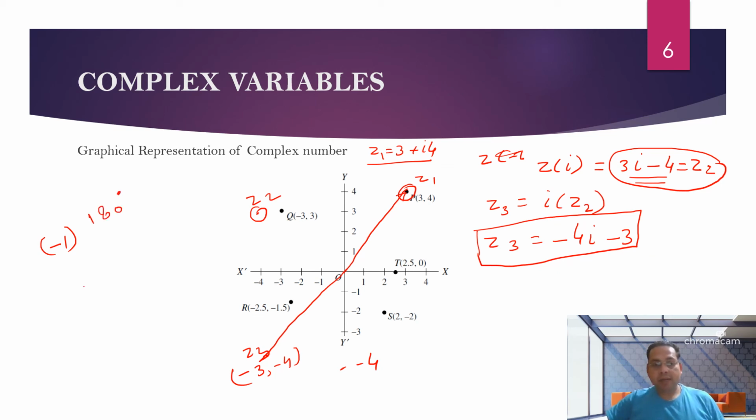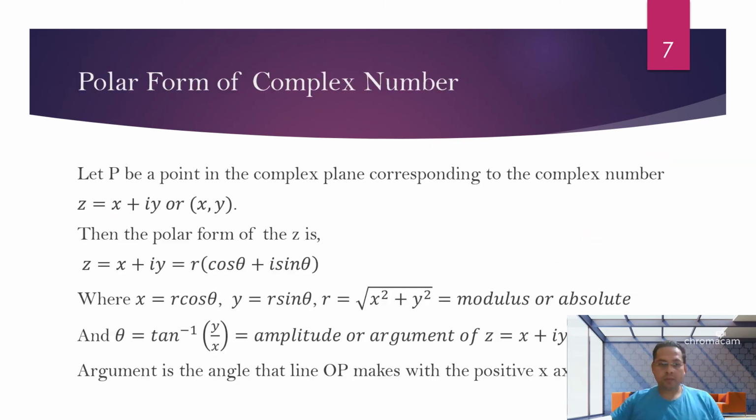That means if we multiply a complex number by iota square, we will have a 180 degree change in the vector.